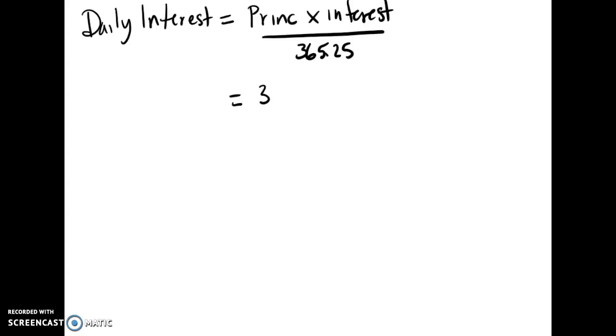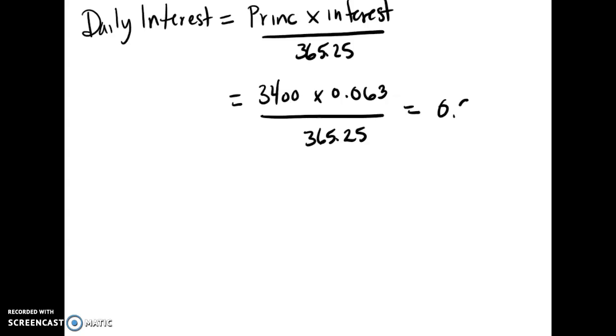So the principal on this one is $3,400. The interest rate is 6.3%, so I'm writing it as a decimal. When I do this multiplication, putting it in my calculator, 3,400 times 0.063, and divide that by 365.25, I end up with this number.